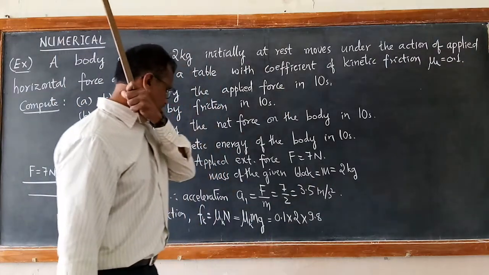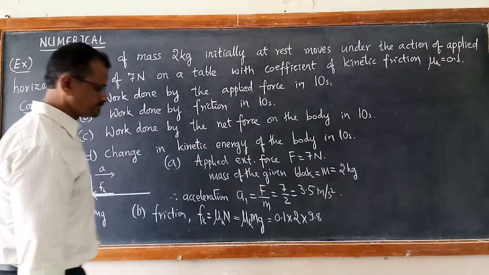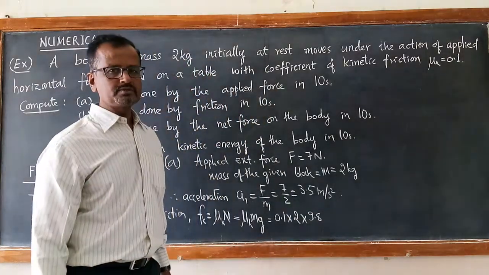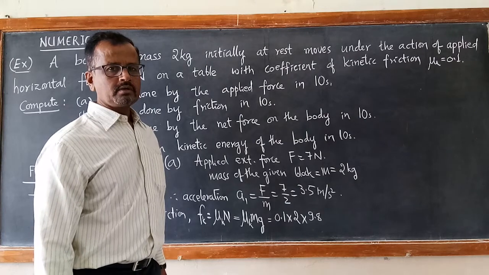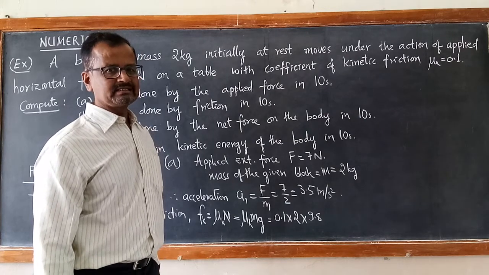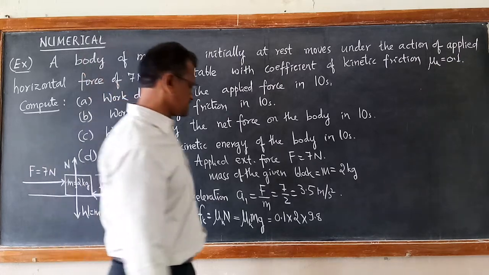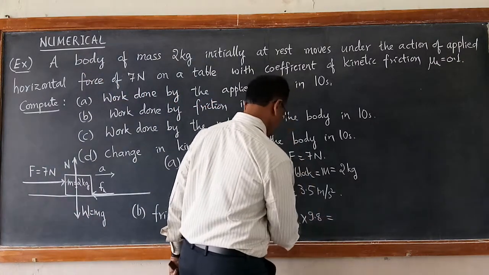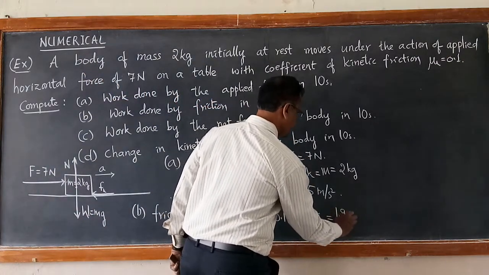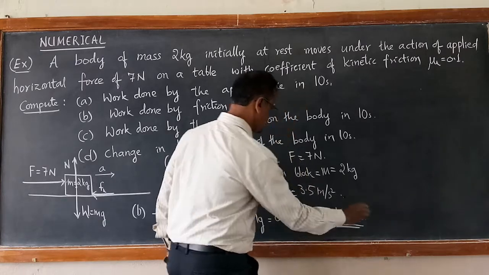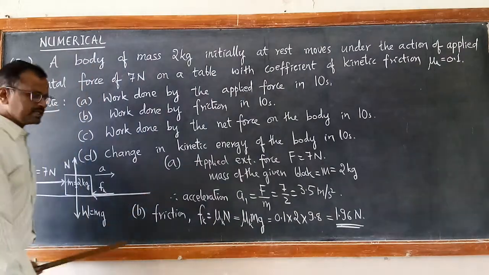If you multiply this, how much are you going to get? 9.8 into 2 becomes 19.6. 19.6 into 0.1 becomes 1.96. So this becomes the frictional force that is in the opposite direction.